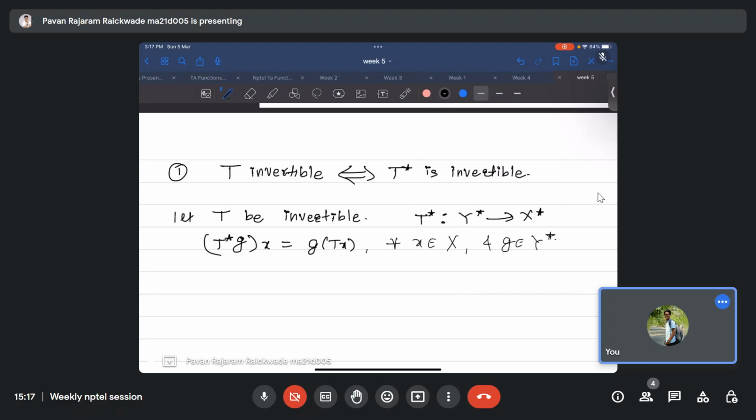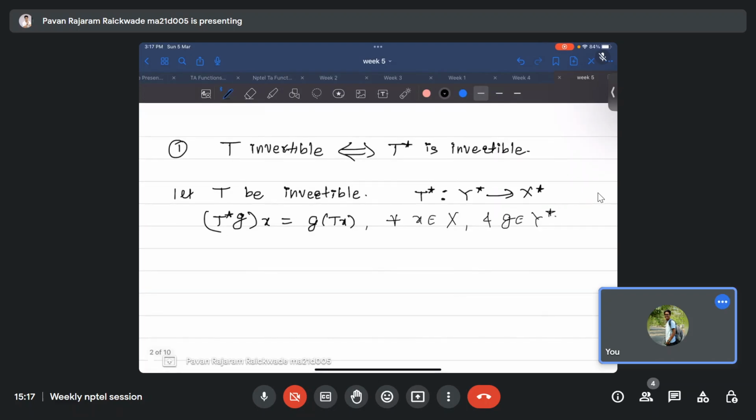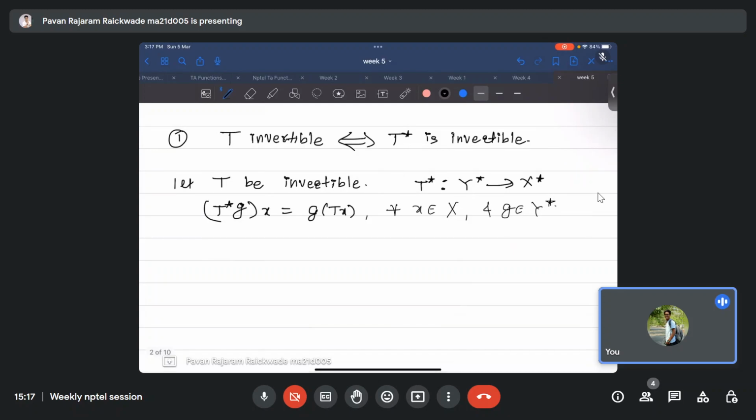This is how T star is defined. We want to show that T star is also invertible, and it's enough to show that T star is bijective.